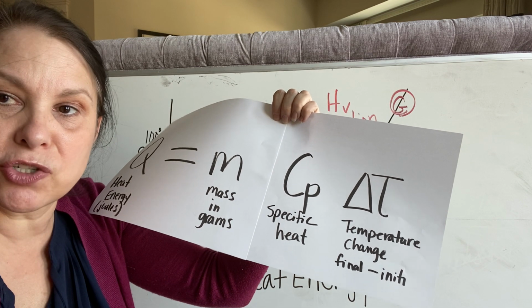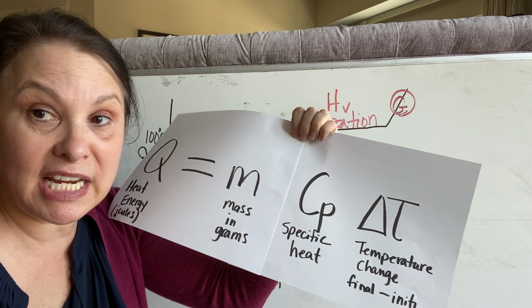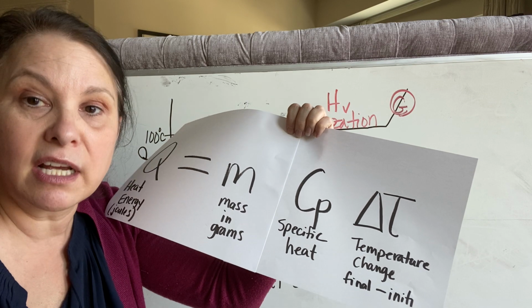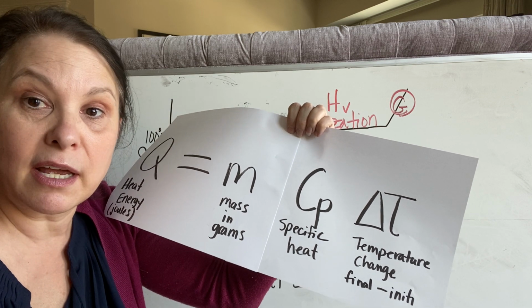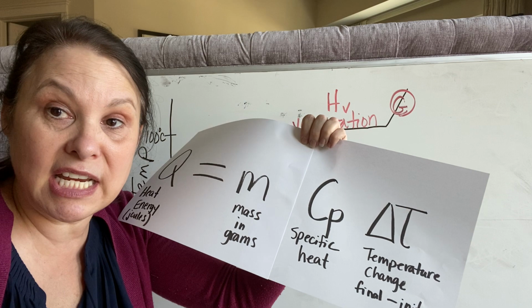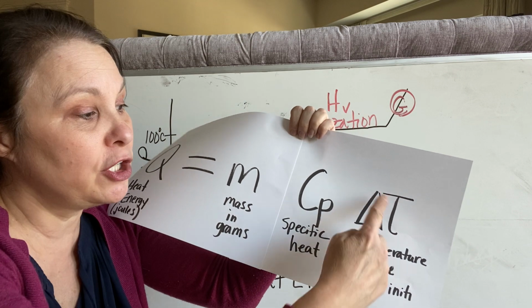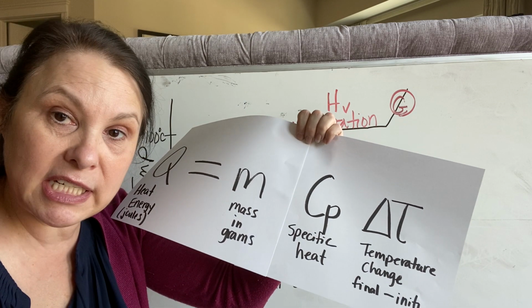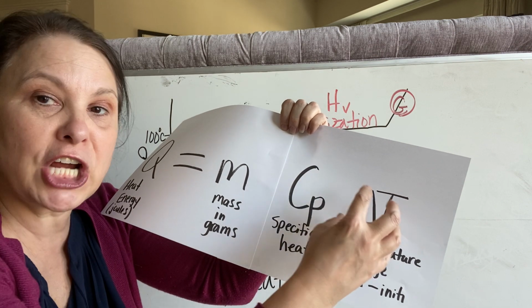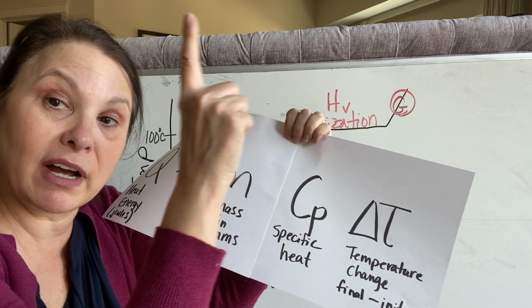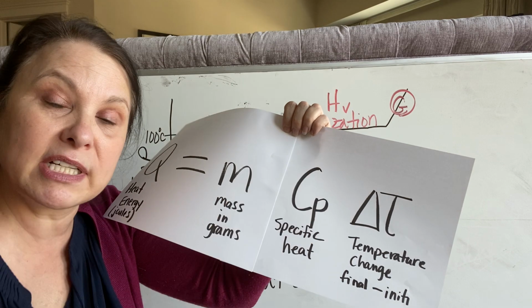Final minus initial. So if I say it went from 10 degrees to 30 degrees, the final is 30, minus the initial, which is 10. 30 minus 10 would give you a change of 20 degrees. So you're plugging in the change, how much that temperature went up or how much that temperature went down.